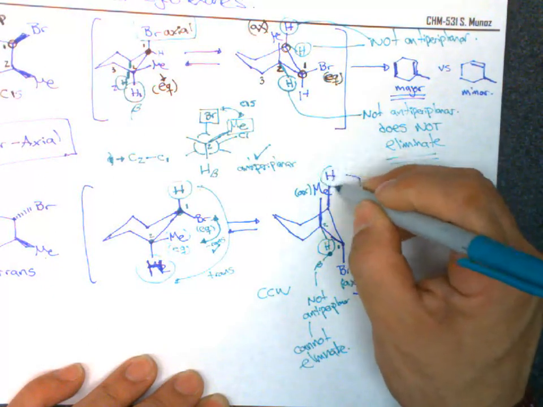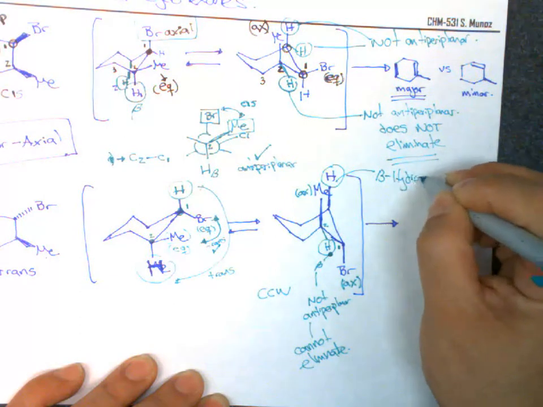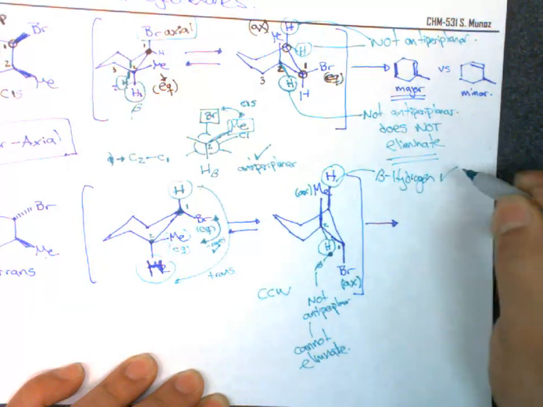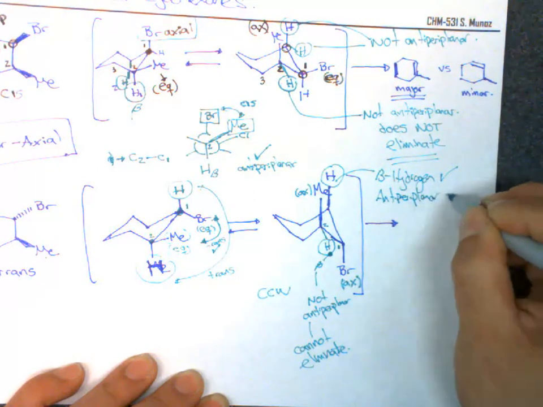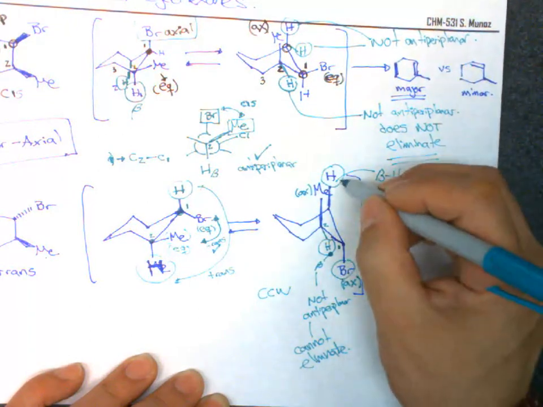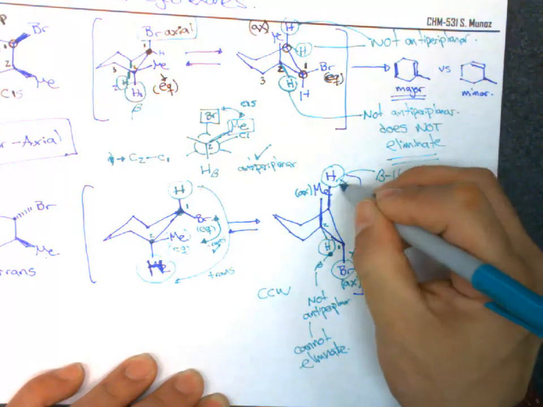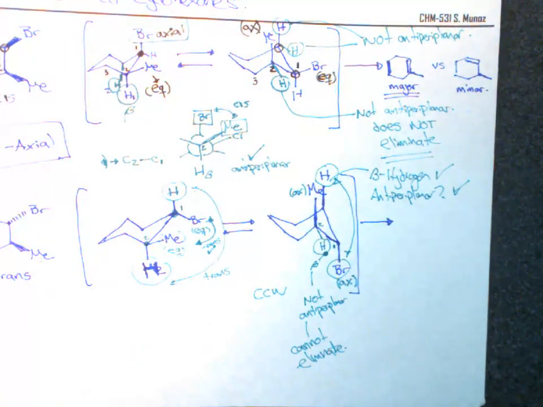How about this one? Is it a beta hydrogen? Yes. Is it antiperiplanar? Yes. It's antiperiplanar to bromine, right? So it can eliminate. What is the product here?